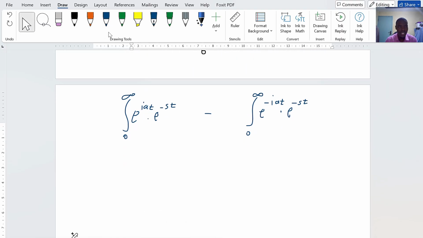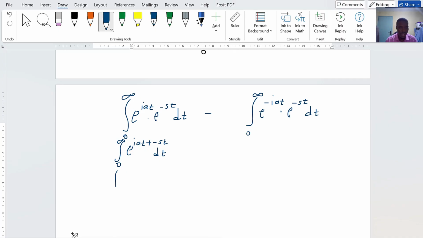Now combine this. If you combine using the index law, we'll have the integral from 0 to infinity of e^(iat plus negative st) dt. I forgot dt here.